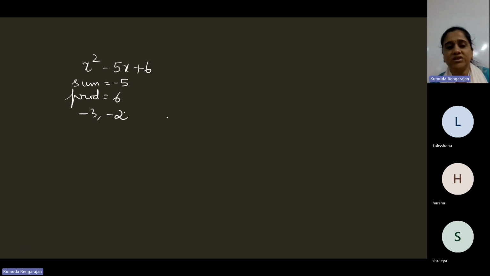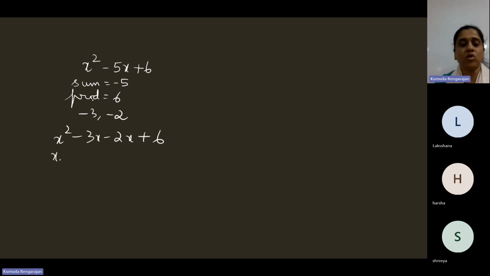And last year we have seen how to find the factors of this quadratic polynomial by splitting the middle term. So x square minus 3x minus 2x plus 6, right? Then x is common, x minus 3, minus 2 common, x minus 3. So x minus 3 into x minus 2.